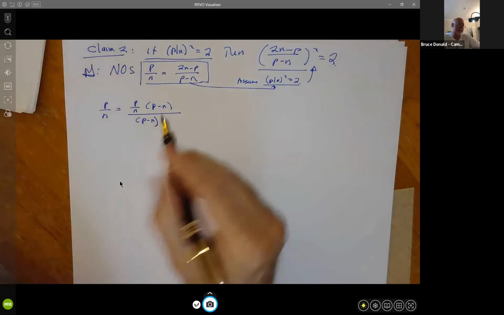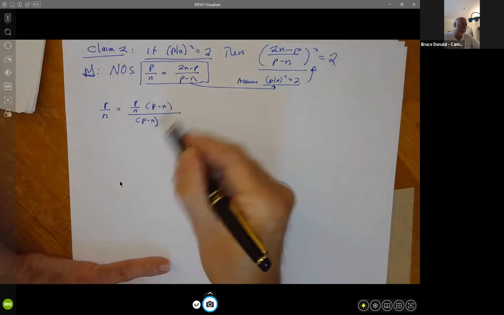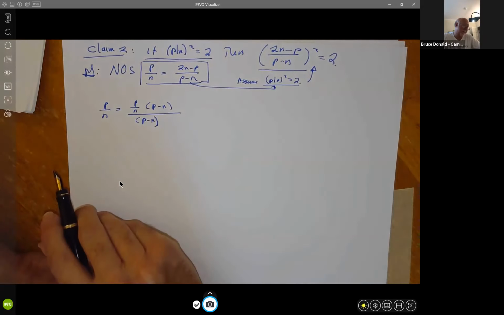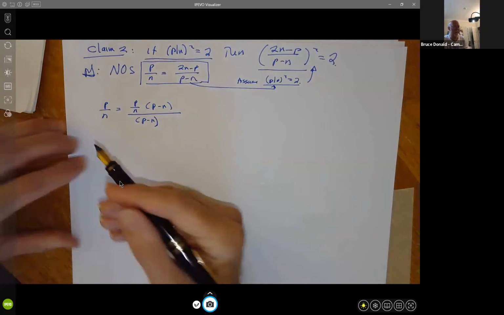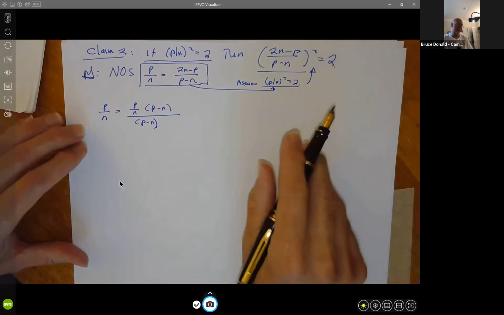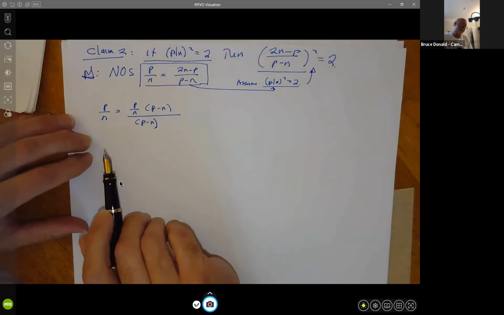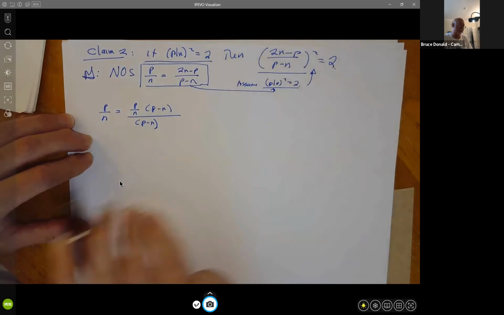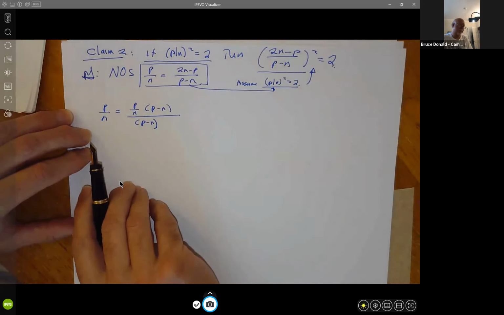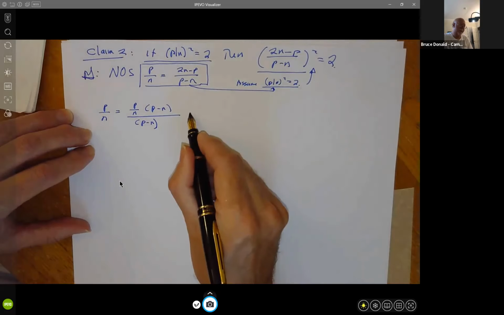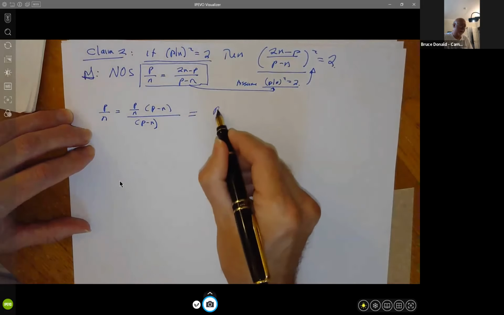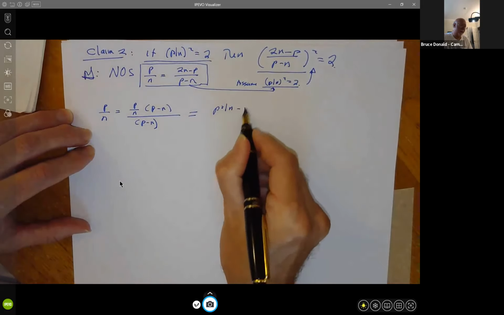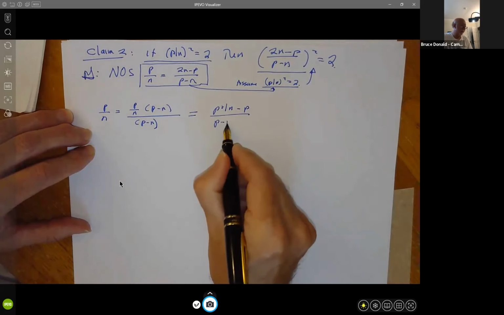That cancels out to 1, so that's why we have equality there. That's the trick: you have to multiply the top and bottom by something. How did we see to do that? Well, we kind of want a P and N in there. Now it's just a matter of simplifying, doing some algebra. So that's equal to P squared over N minus P over P minus N.